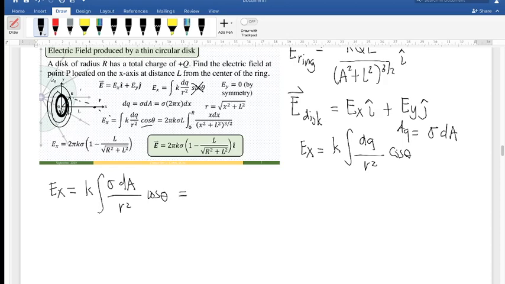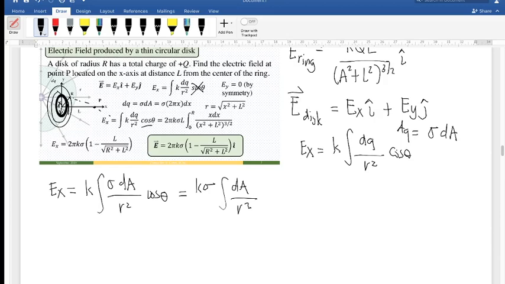But your sigma is actually constant, so we can take that outside. So k sigma, then we have dA over r squared, and then your cosine theta is equal to the adjacent divided by the hypotenuse. So your adjacent is L, and your hypotenuse is the square root of x squared plus L squared. So we can take the radius for this specific ring as x.